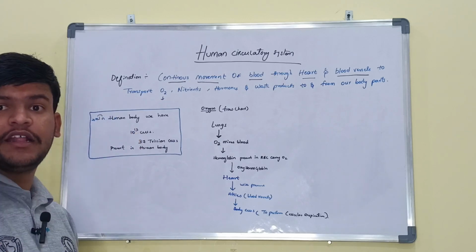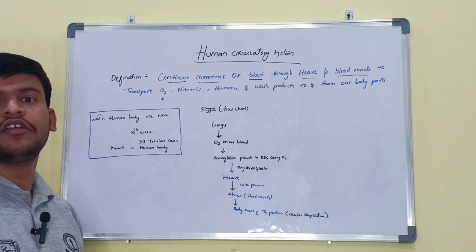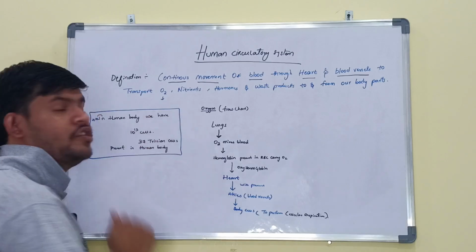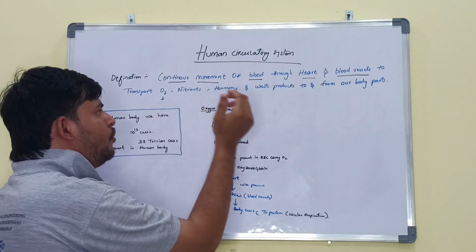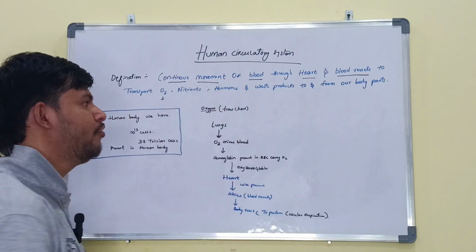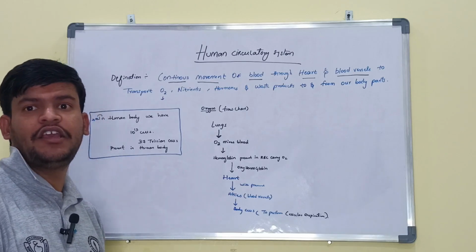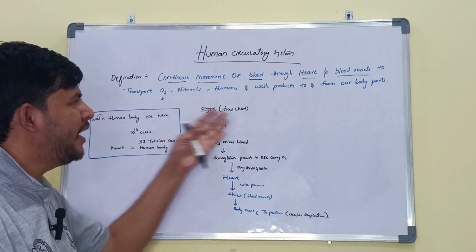To supply 37 trillion cells oxygen, nutrients, hormones, and eliminate waste products from each and every cell, it is a great work done by the heart.